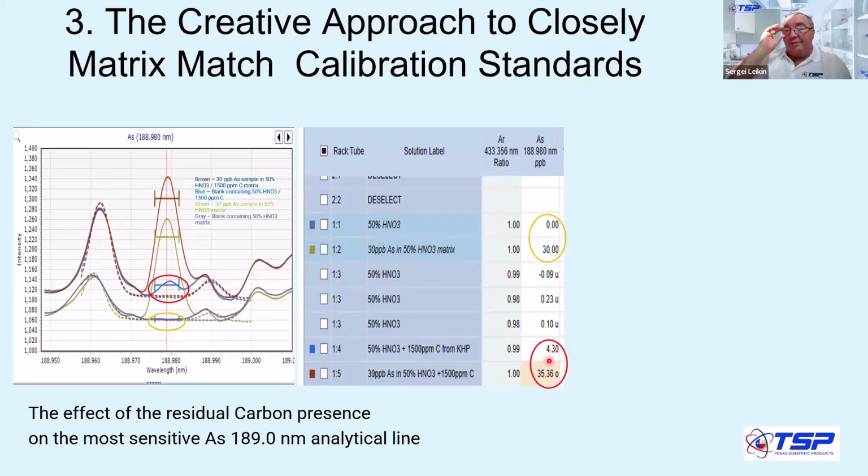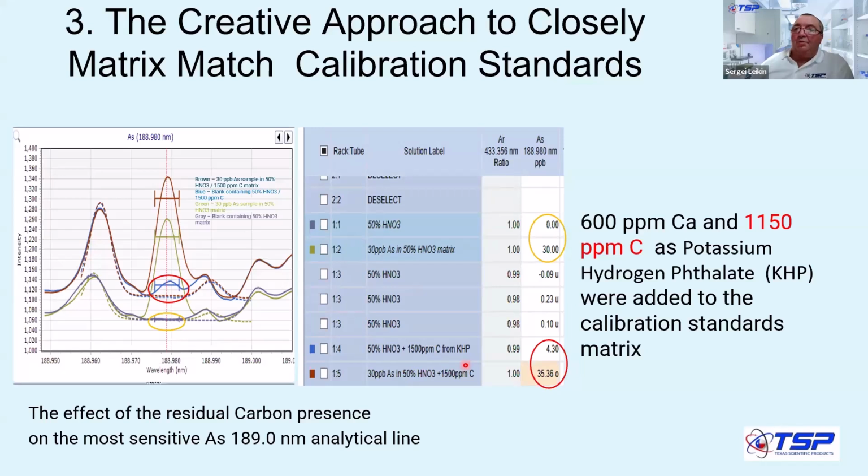This is what happens: the effect of residual carbon on the arsenic line. So how to counter that? Carbon was introduced to the set of calibration standards in the form of potassium hydrogen phthalate, which matrix matched the sample and eliminated the high bias that would come from carbon interference.